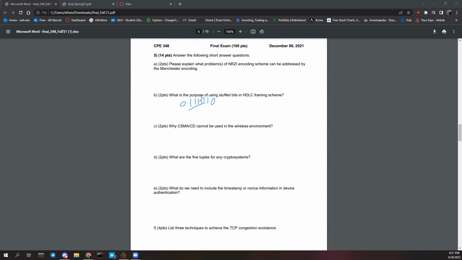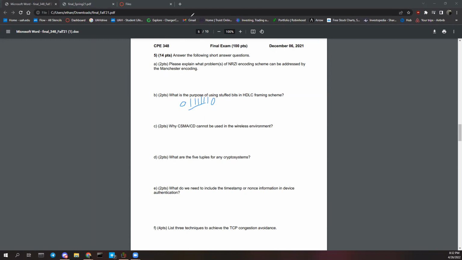His specific answer on his solution was to avoid this flag pattern appearing within the HDLC frame, the non-flag part. So this flag should not appear in your data. So you use bit stuffing to shove bits in, and I believe bit stuffing is done with zeros, if I'm not mistaken. That sounds right.